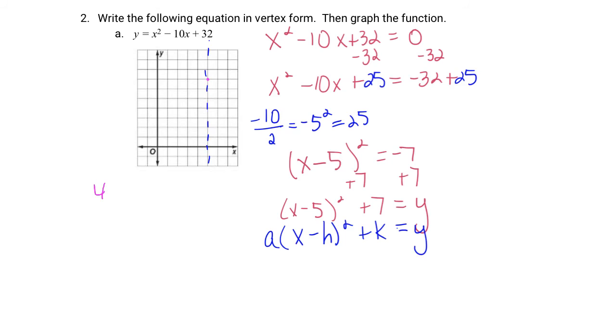I get 4 squared minus 10 times 4 plus 32. Well, that's 16 minus 40 plus 32. Negative 40 plus 32 is negative 8, and 16 minus 8 is 8. So the vertex is at 7. The next one on either side is 8. And now we've got a parabola.